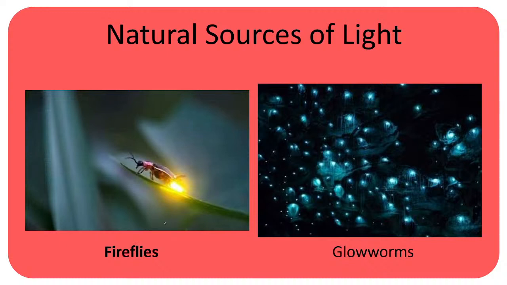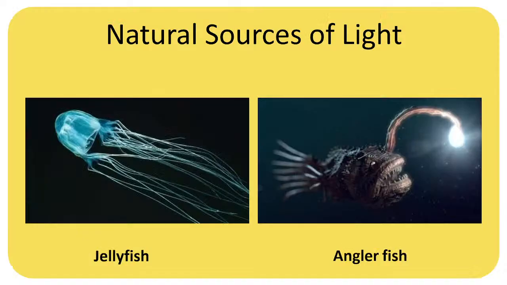There are certain worms which also glow. They are called glowworms. There are many organisms which give out their own light, like animals, like fireflies, glowworms. So they glow or give their own light.